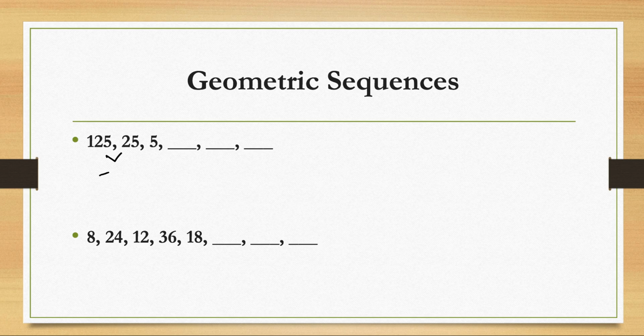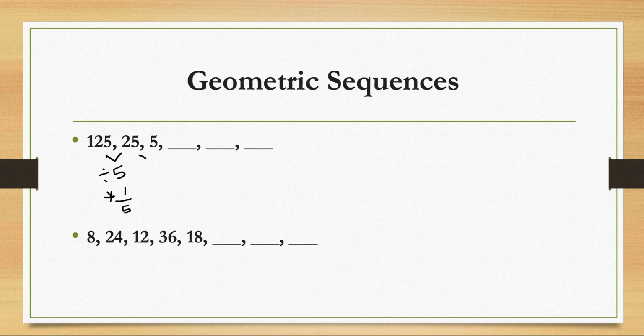So if we're thinking about it being a division problem, 125 divided by 5 is going to give me 25. So we know that divided by 5, again, is going to be the same thing as multiplying by 1/5. So we may want to do it that way. We may find that that's easier.